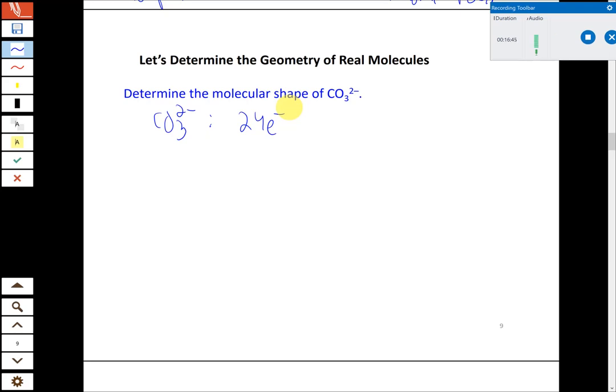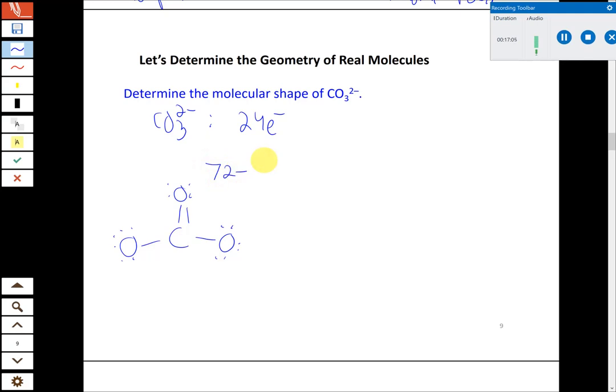All right, so if we go through the Lewis structure of CO3 2-, what we should get is something like this. Now, technically speaking, we should have one double bond to complete the octet of the central atom, but it doesn't really matter for VSEPR whether we have that at all or which position it's in. So this is what you would get for CO3 2-.